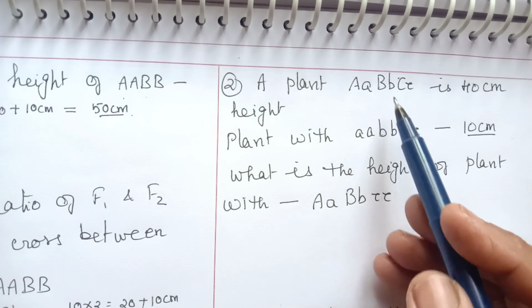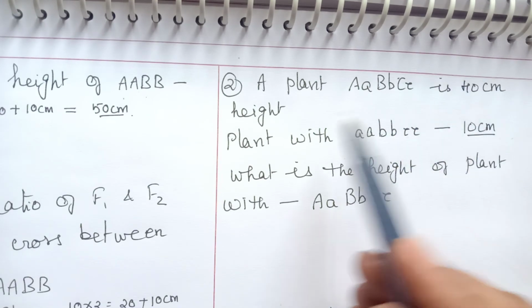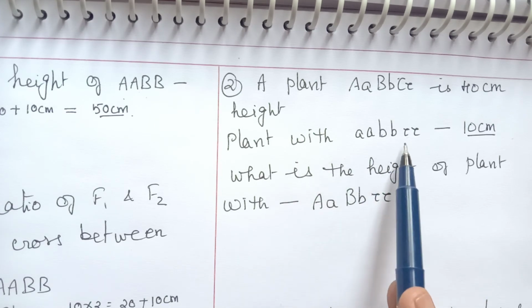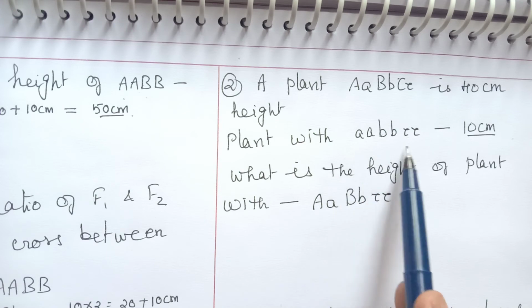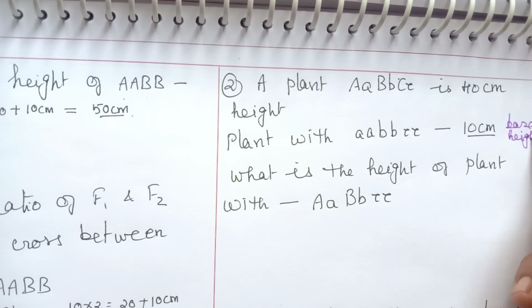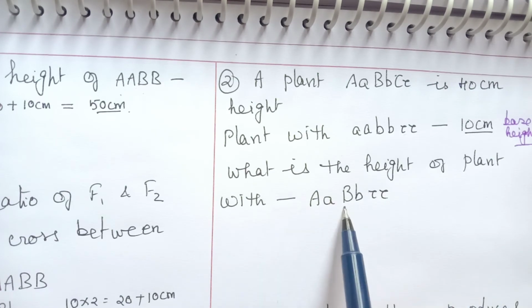A plant with all heterozygous condition is 40 centimeters height. Plant with all recessive alleles, this is called the base height. Base height we always add to the main dominant allele. What is the height of the plant with this genotype?